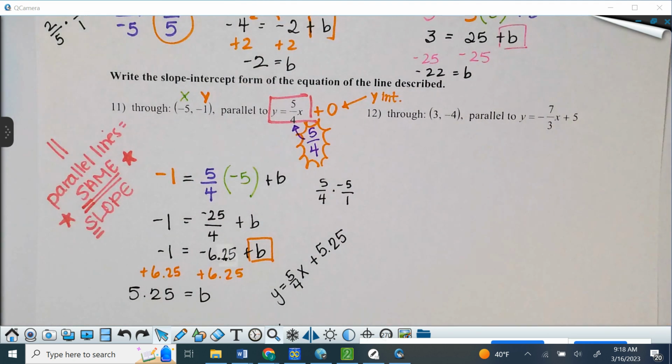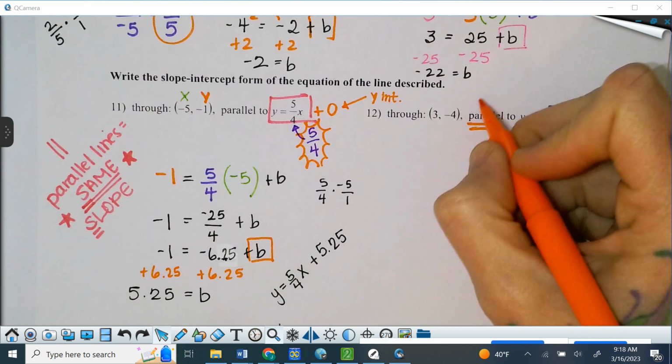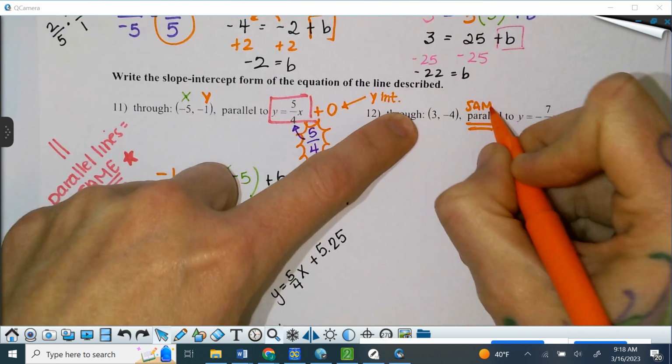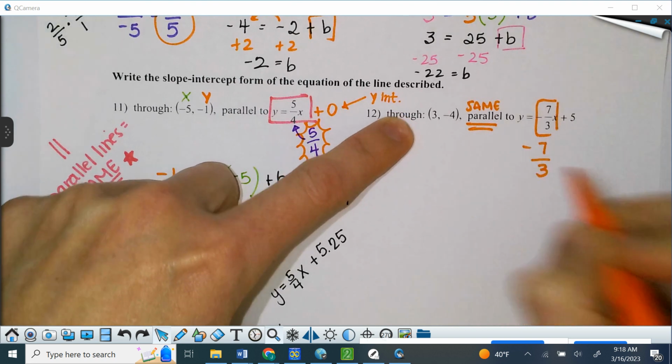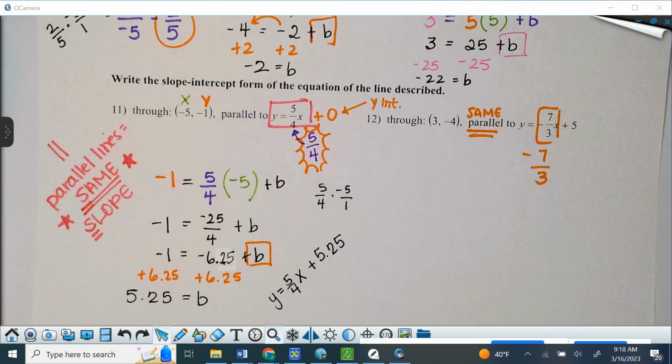So as soon as you see the word parallel, we want to think same slope. So we're going to use a negative 7/3. Now, hear me out. That plus 5 means nothing to the new equation. Absolutely nothing. The y, the x, the plus 5, all of it, just fluff as far as writing the equation that is parallel to this line.